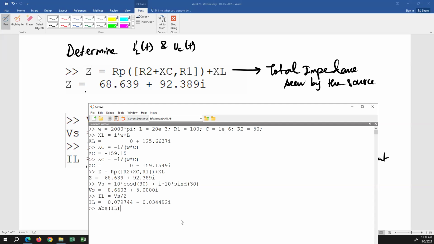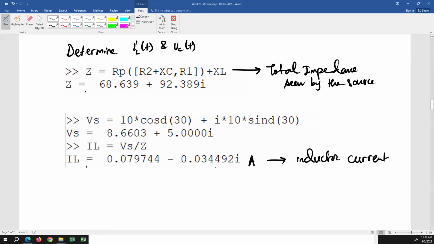That's going to be the magnitude. Mag of IL is equal to absolute of IL, and angle of IL is equal to angle IL times 180 by pi, because the angle function gave you angle in radians. So I'm going to multiply that by 180, divide by pi to convert into degrees. So 0.0868 or 86.8 angle negative 23.4 milliampere.